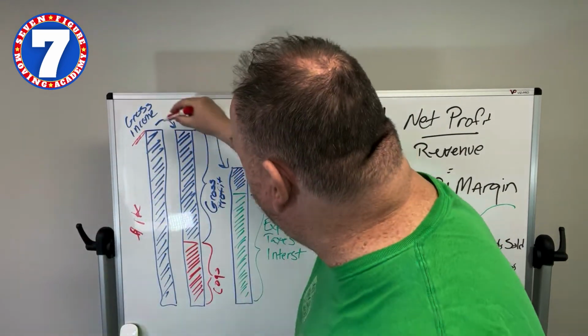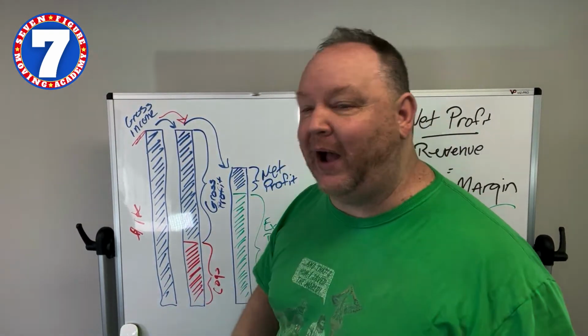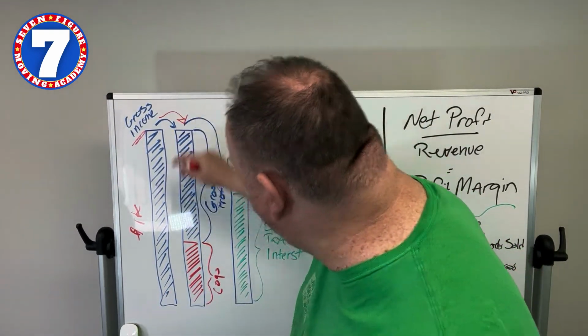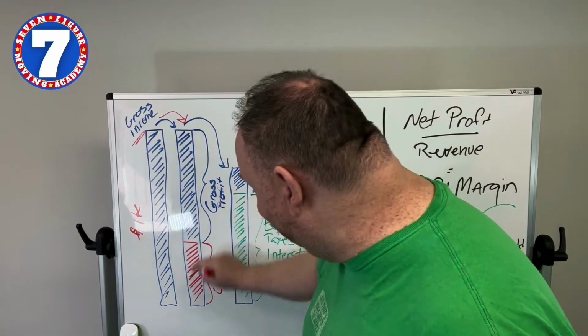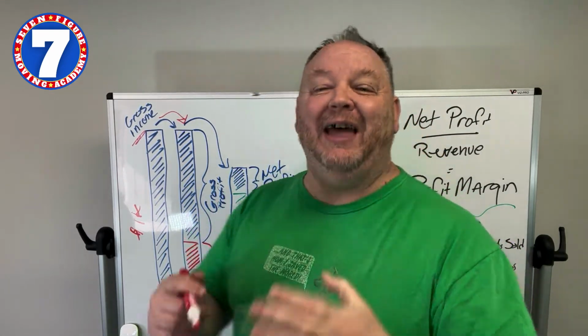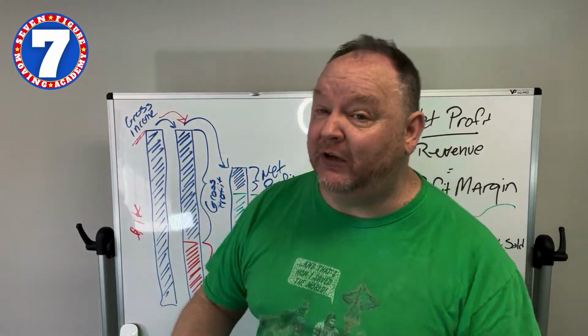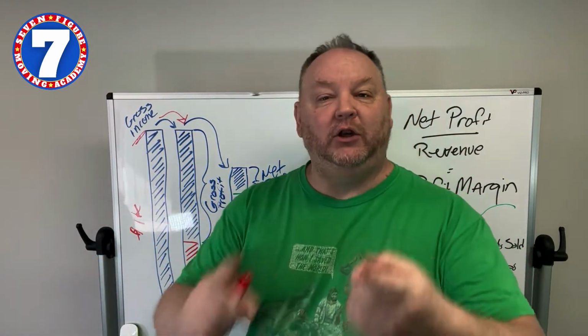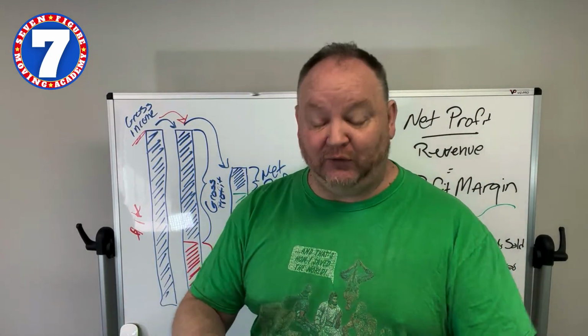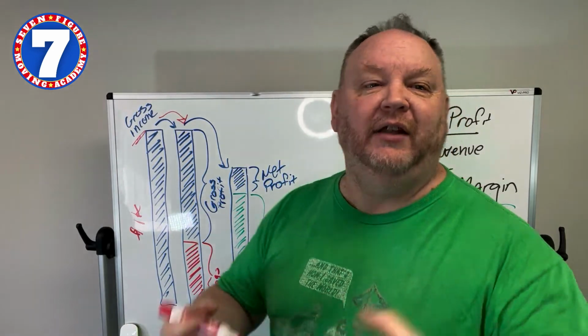Well, you come over here, and this is the gross profit. This blue area is your gross profit. This area is cost of goods sold, your direct expenses. In the example of a moving job, this would be your labor, however many guys you use, and if you rented a truck, whatever the truck costs.